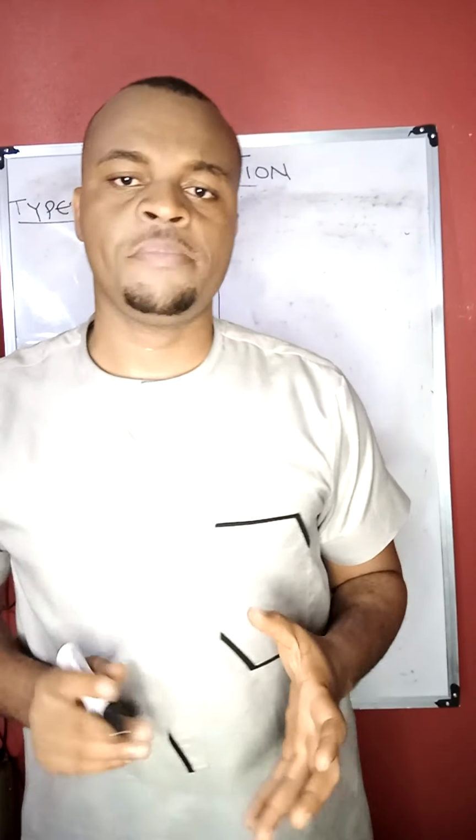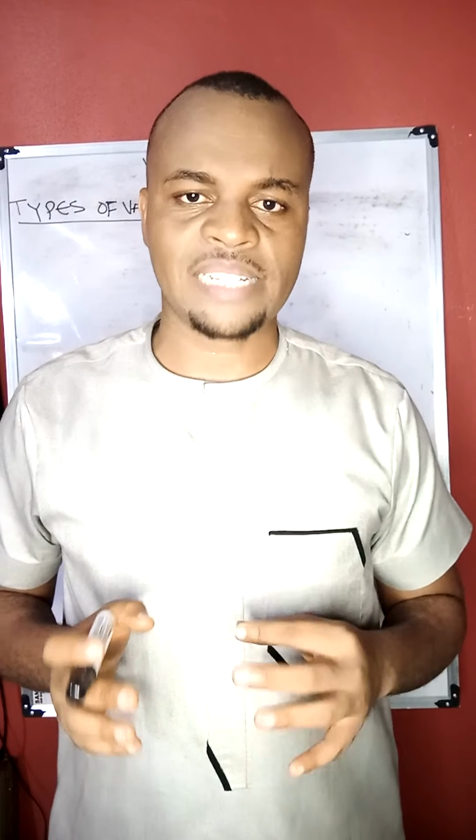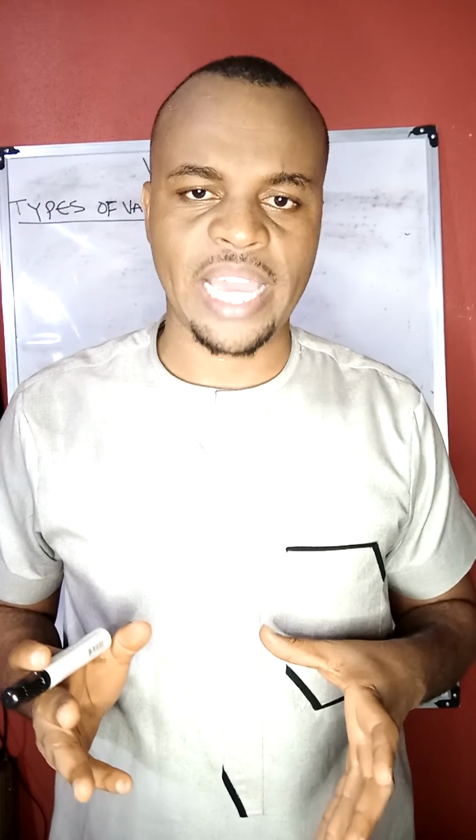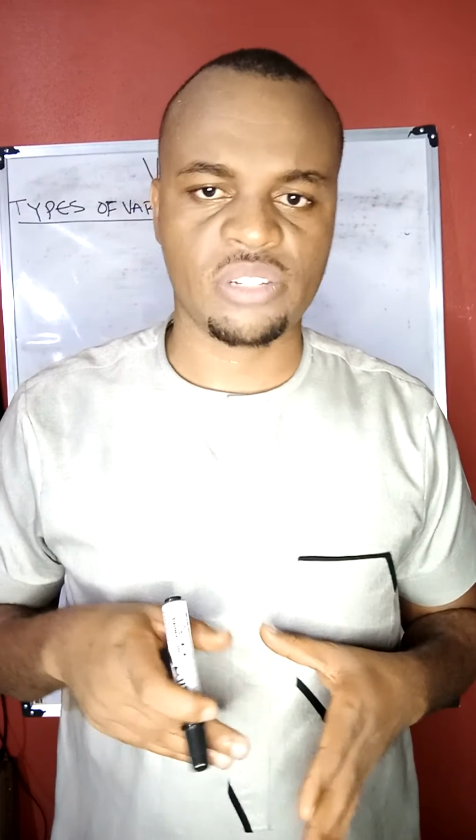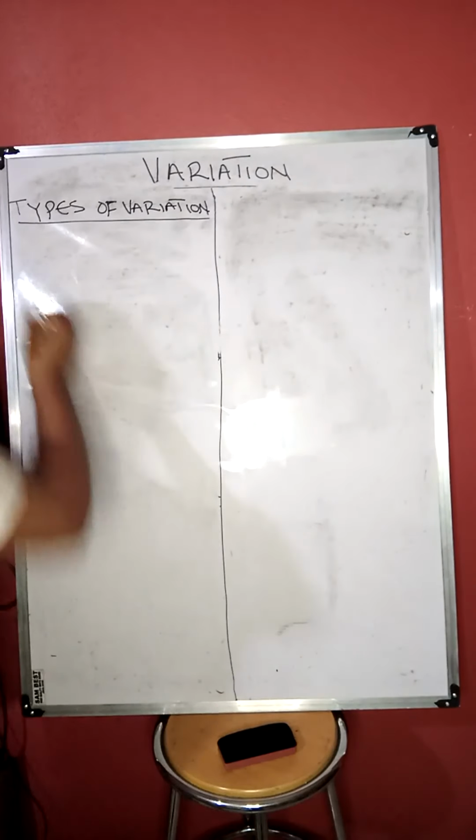Alright, now quickly before we go into the examples, let me explain the types of variation that we have before we focus on the one for today. The types of variation, we have the direct variation.